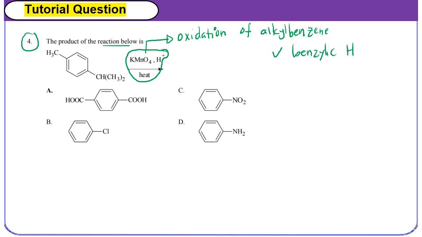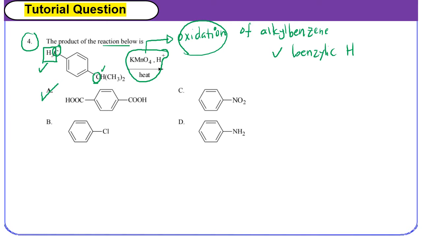This other benzylic carbon has 1 benzylic hydrogen and 2 alkyl groups, so it also has benzylic hydrogen. It will undergo oxidation to form COOH. So the answer is A.